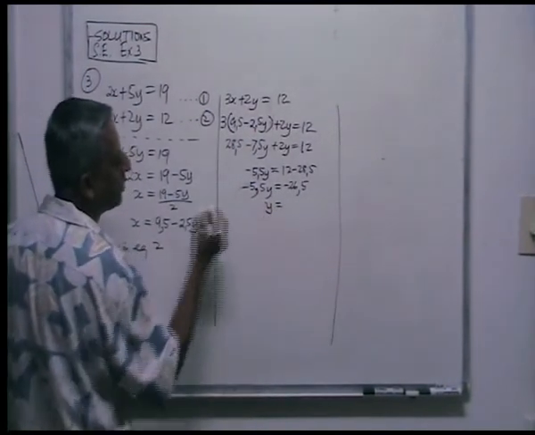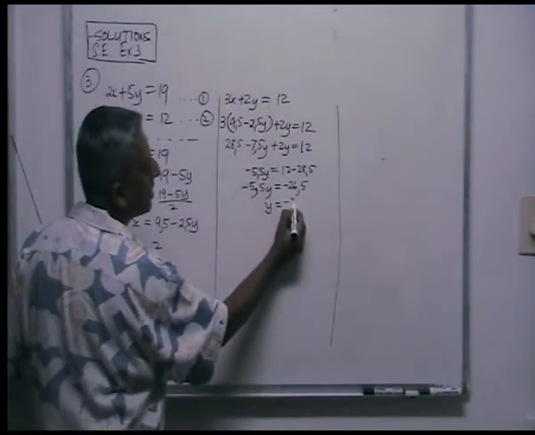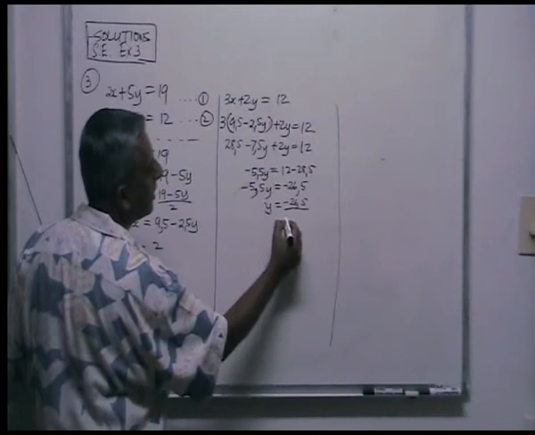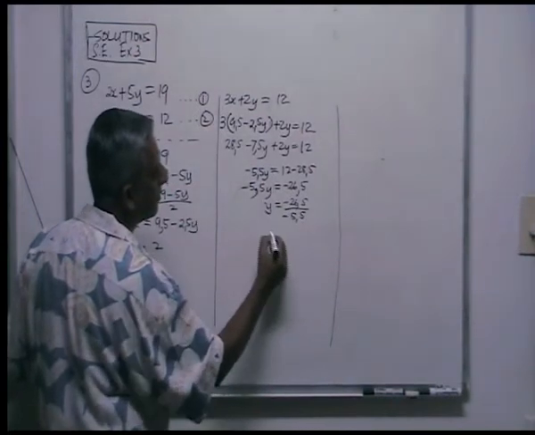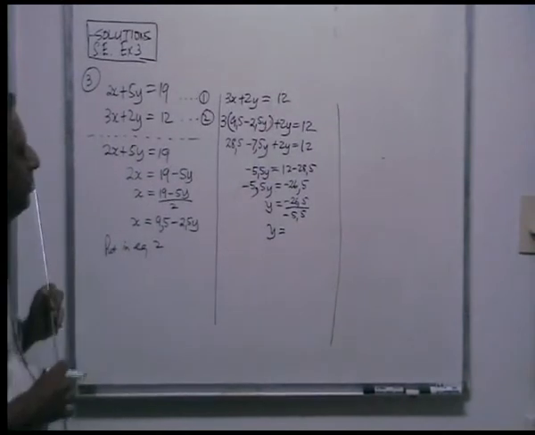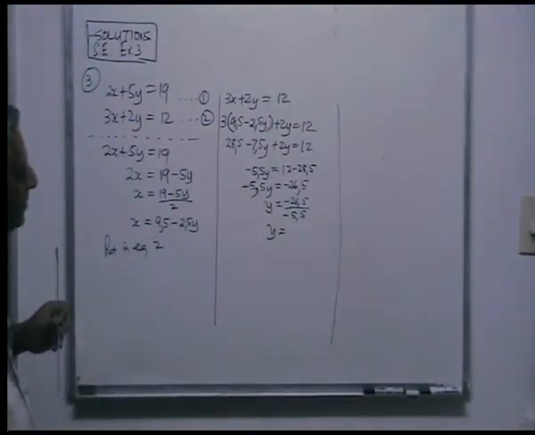So y is equal to minus 16,5 divided by minus 5,5. Now take that and put it in the calculator. All right.